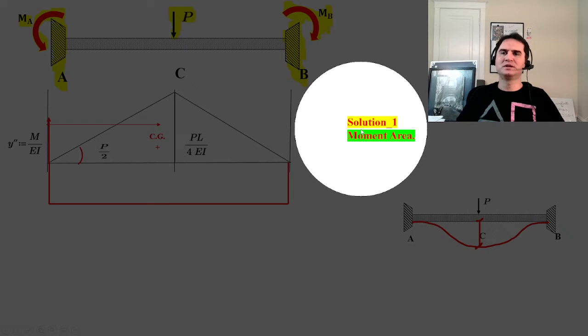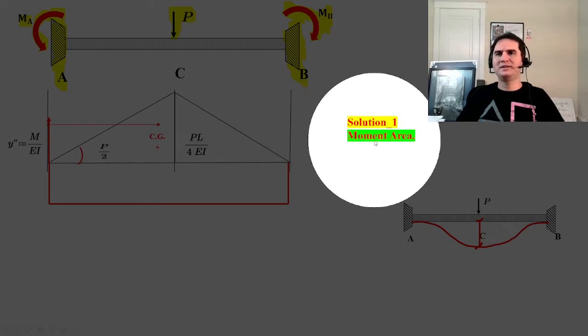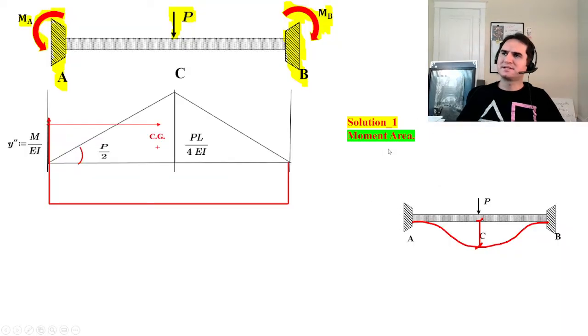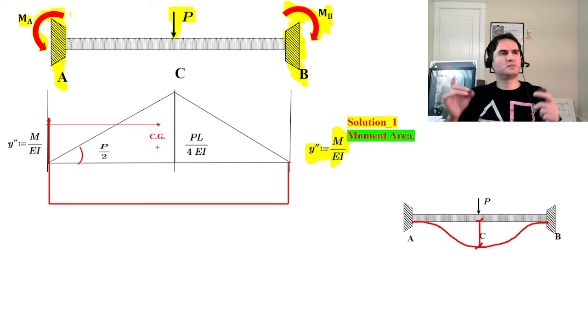So the solution is based on moment area. If you want to know what delta maximum is, draw M over EI. Forget about the two fixed supports and just consider a concentrated load applied at the center of two simple supports.